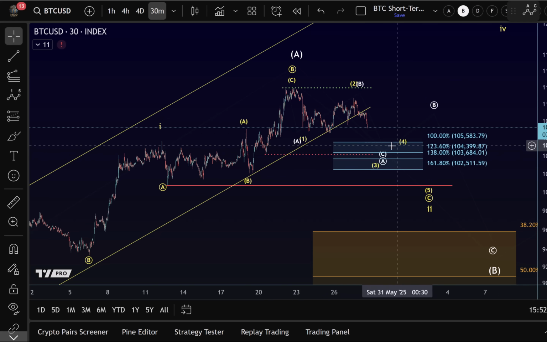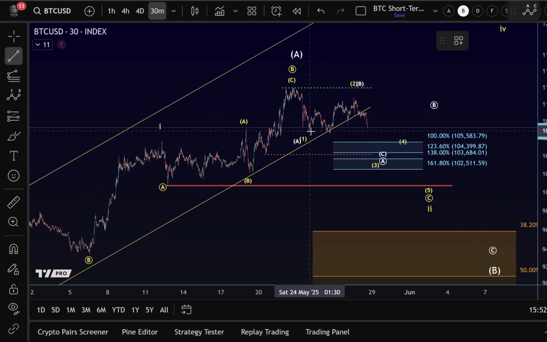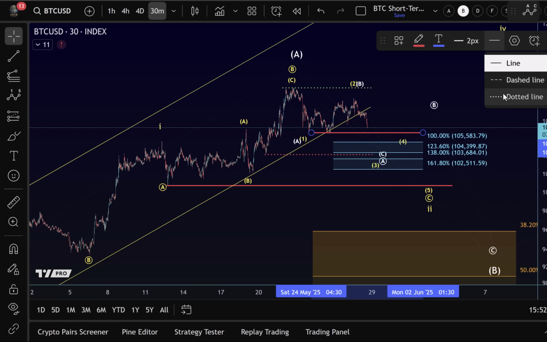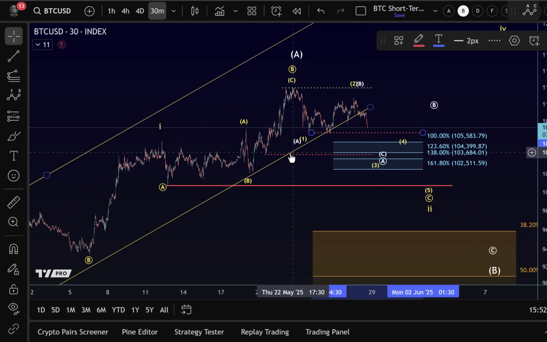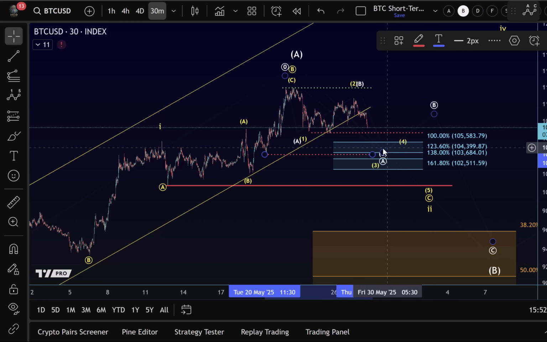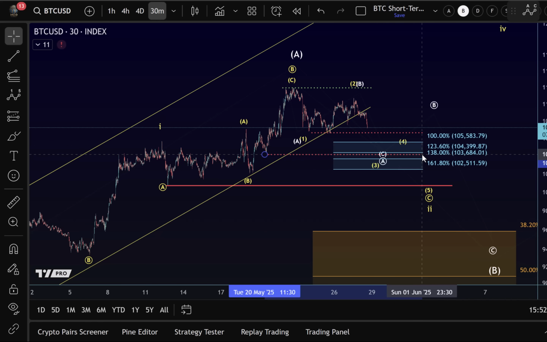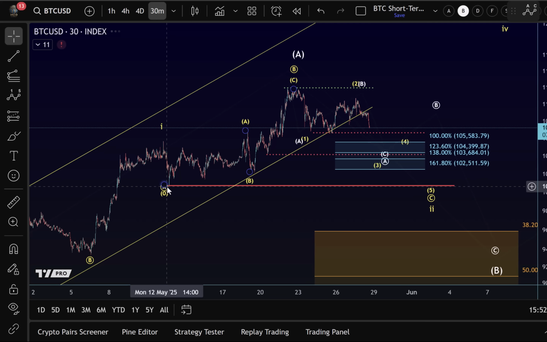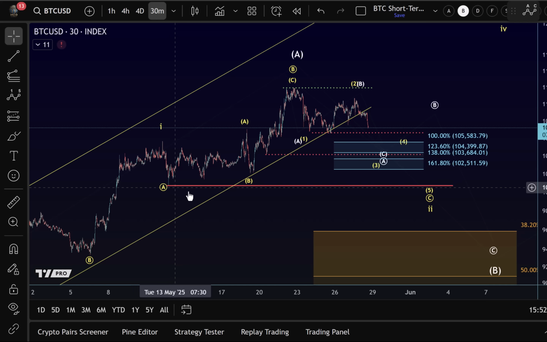The next structural support levels are obviously the Sunday low at 106,630, or 650. I can add a small structural horizontal support line to the chart. Then we have the 20th of May low at 104,200, and then probably the area around 100,750 in terms of structural support.